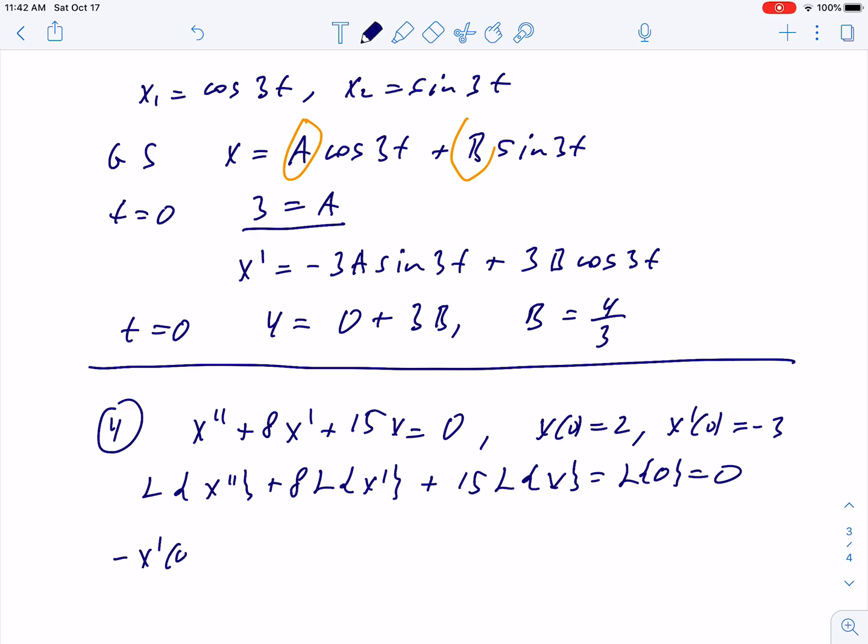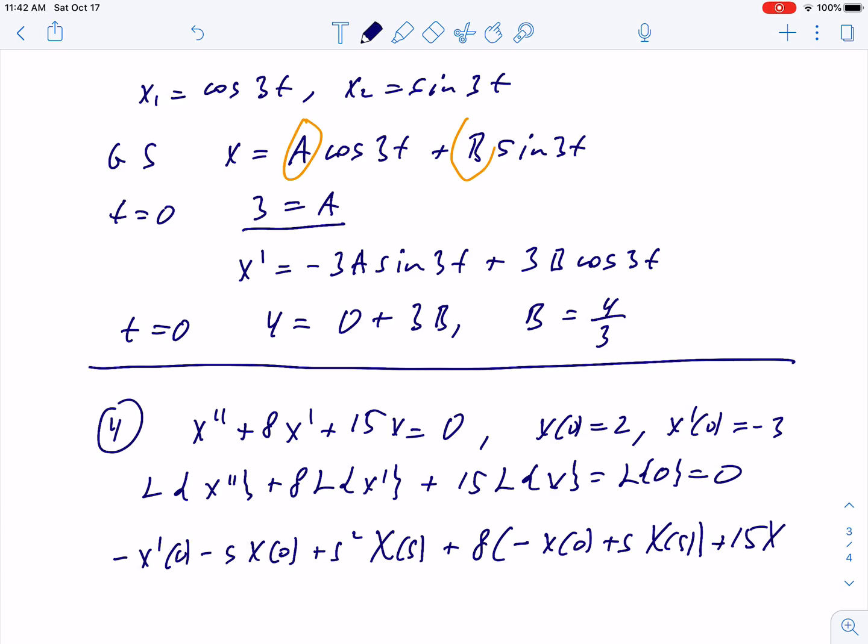Minus x prime 0 minus sx 0 plus s squared big X of s plus 8 times, and here we have minus x0 plus s big X plus 15 big X of s, and this equals 0.